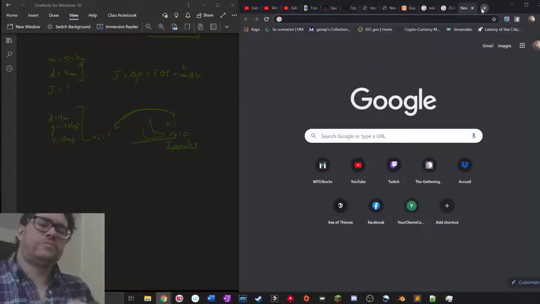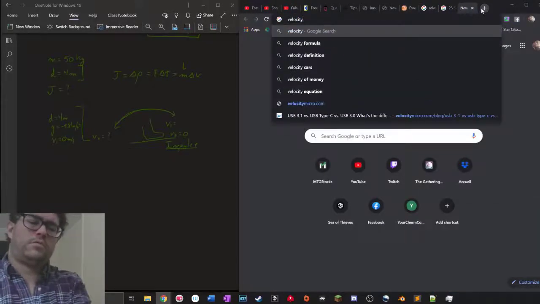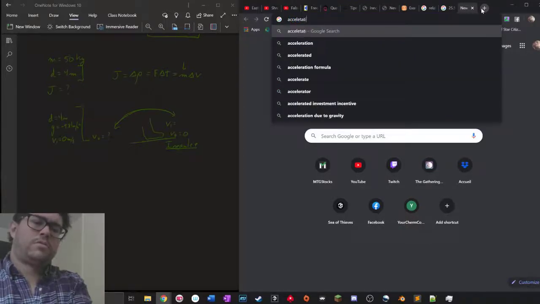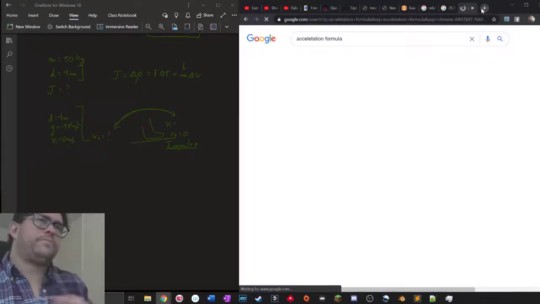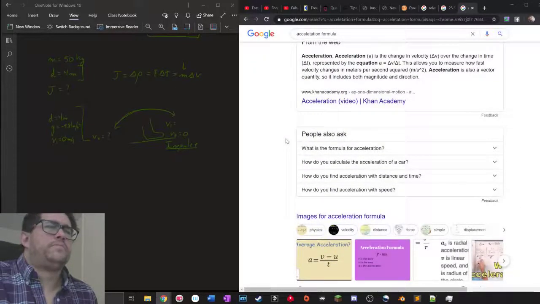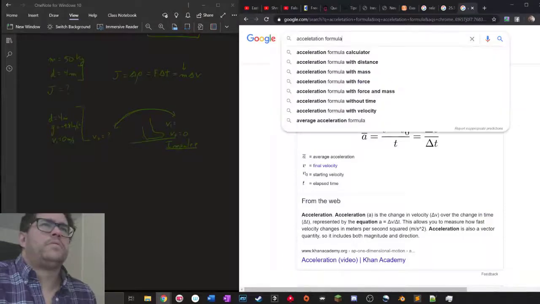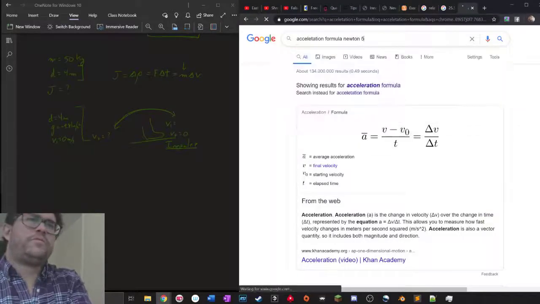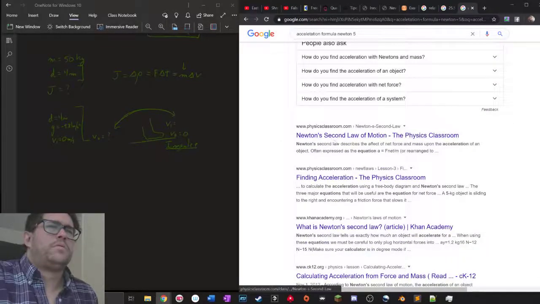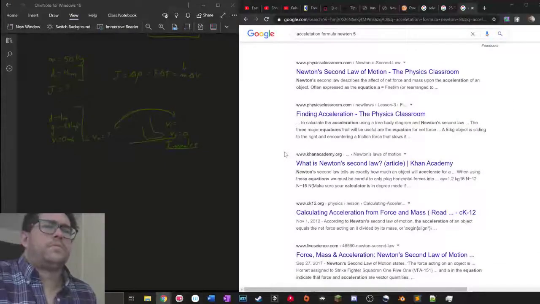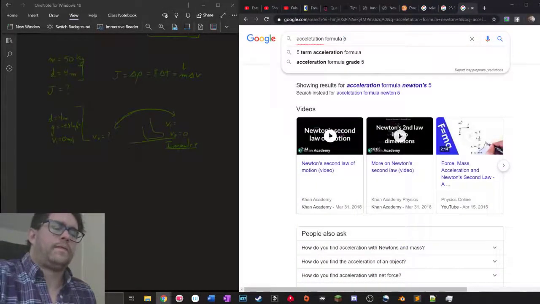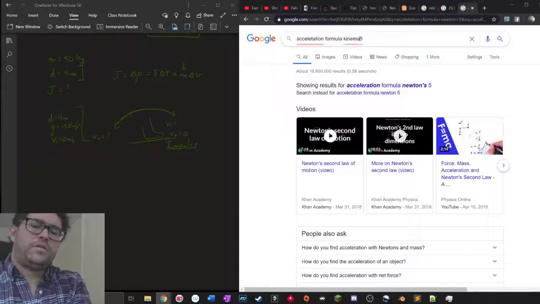Newton's acceleration, dynamic kinematics.